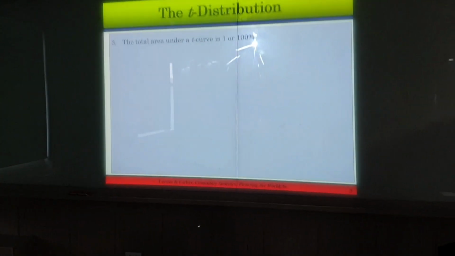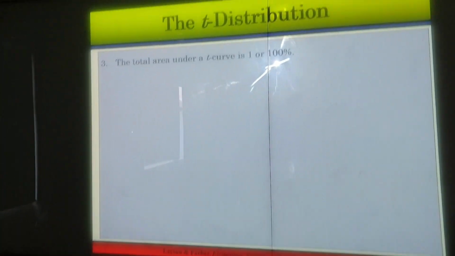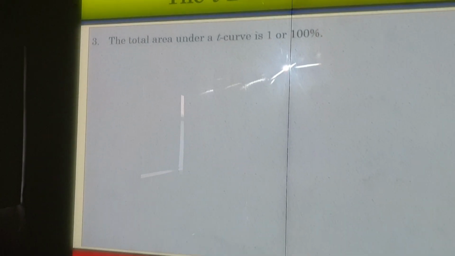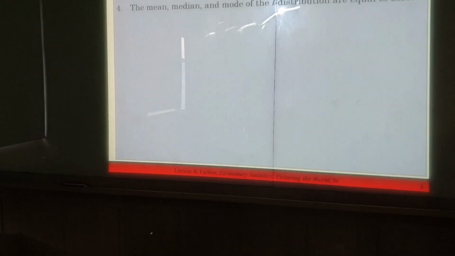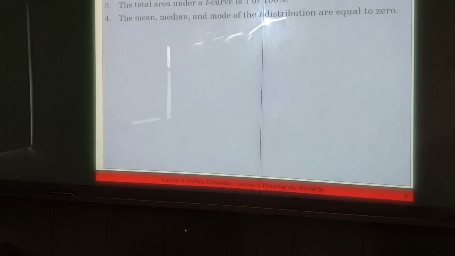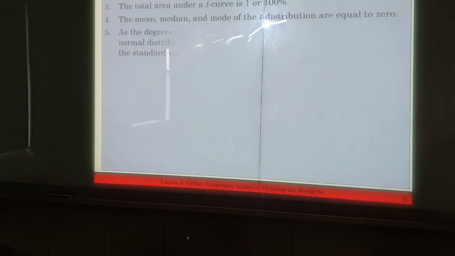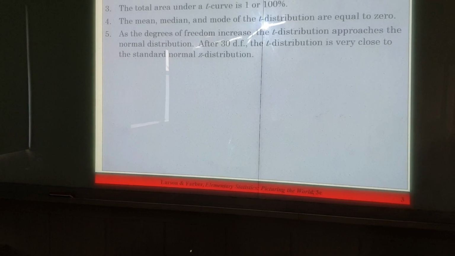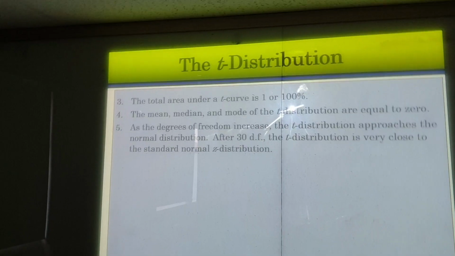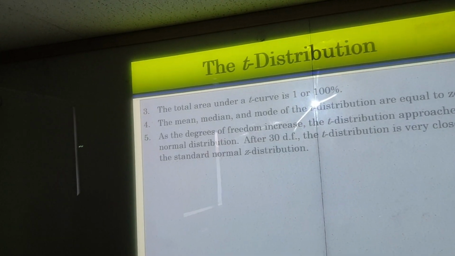Just like the normal distribution, the t-curve also has an area of 1, or 100%. The mean, median, and mode of the t-distribution are equal to 0. And as the degrees of freedom increases, the t-distribution approaches the normal distribution.